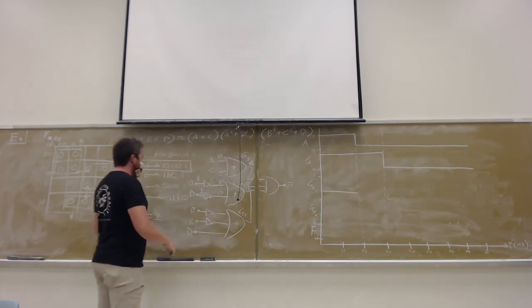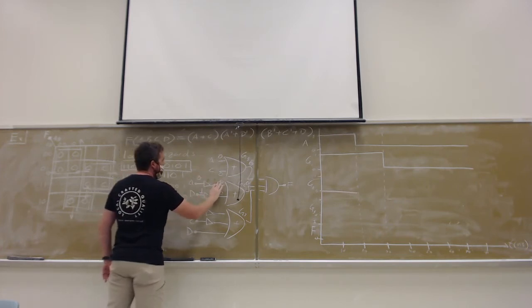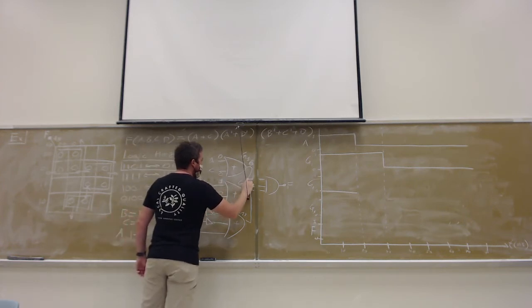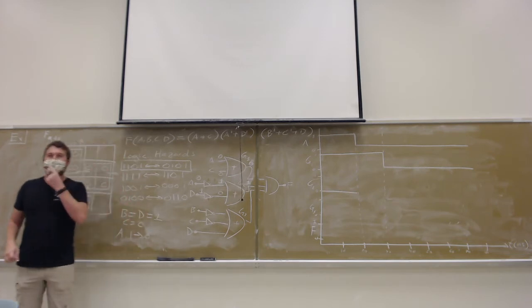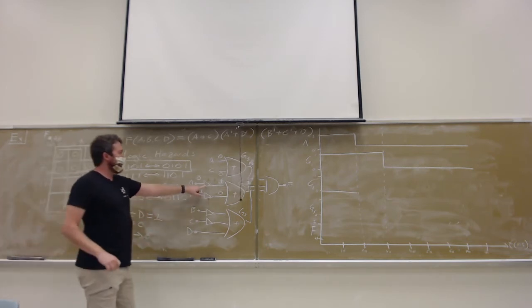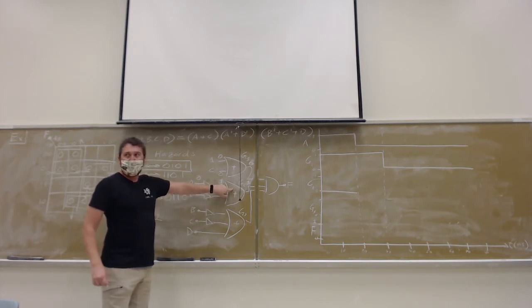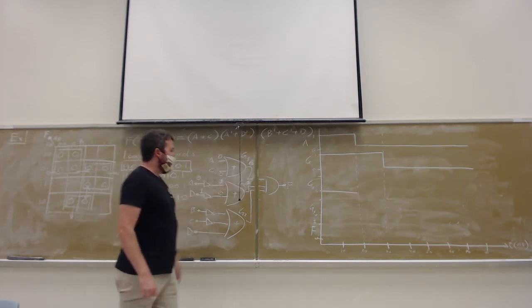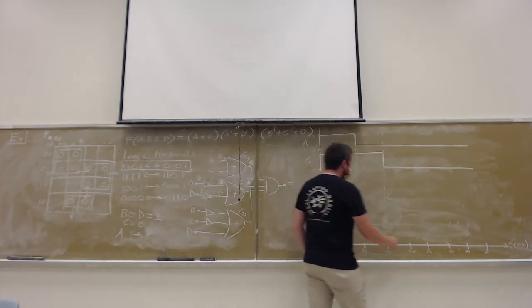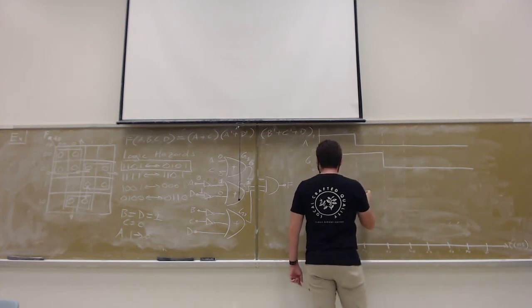And then A switches to 0, which means the input to the OR gate switches to 1, which means G2 switches to 1. But it's going to take 20 nanoseconds to get there, right? Because the transition took place through the inverter and through the OR gate. We have to pay 10 nanoseconds for each gate that we hit. So G2 is going to switch from 0 to 1, but not until the 40 nanosecond mark.